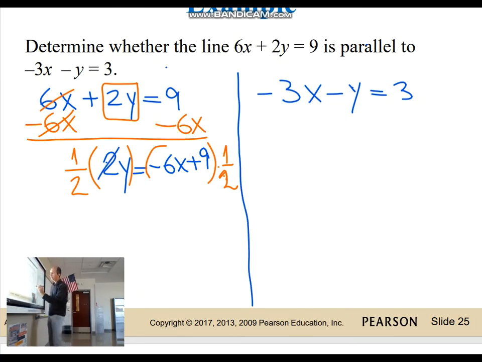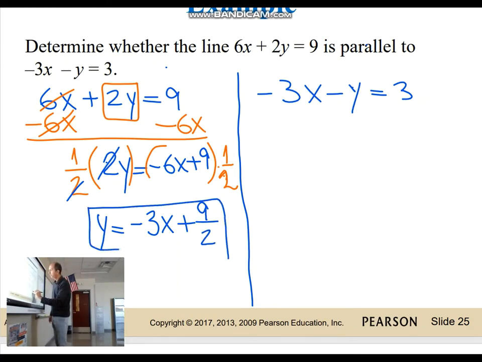And then we can simplify: y equals -6x divided by 2, which is -3x, and 9 divided by 2, we can just write 9 over 2. This is one of the slope-intercept forms. Now let's find the other one.